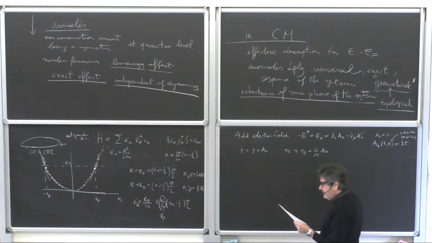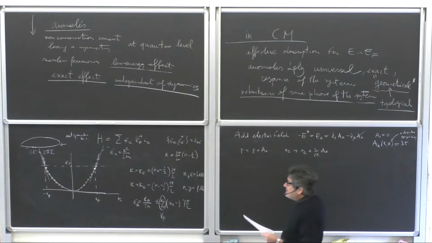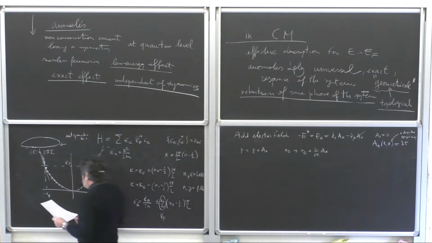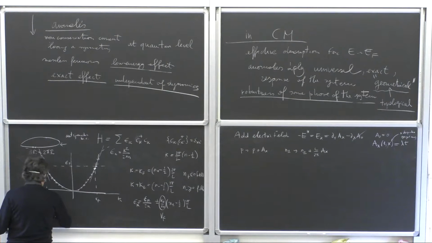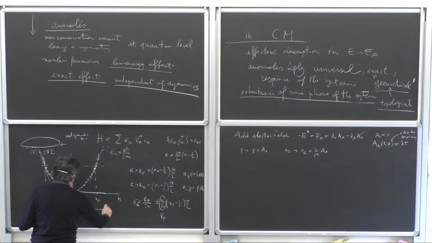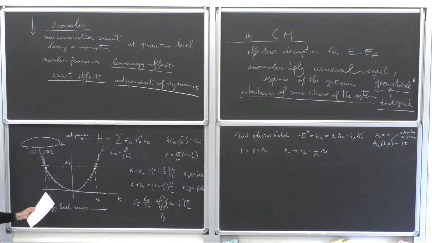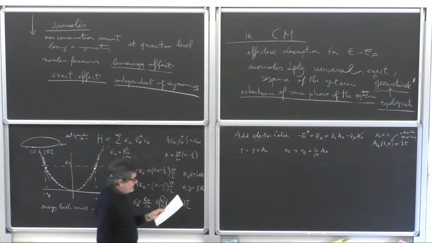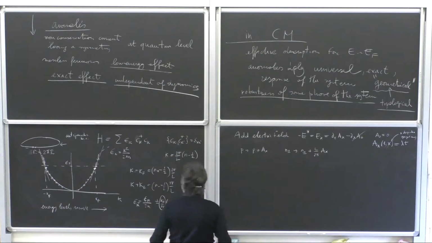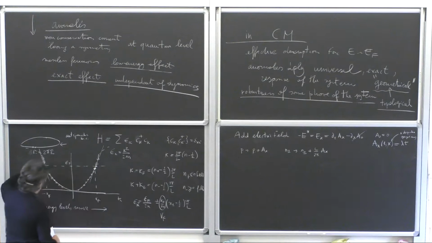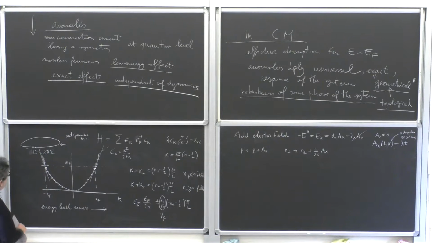So what's happening? All energy levels move to the right, like this. Because you see the number is shifting, the number n is growing. So basically all the levels with electricity, they move.